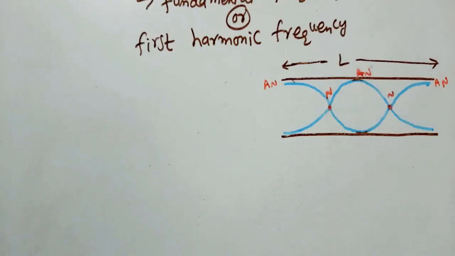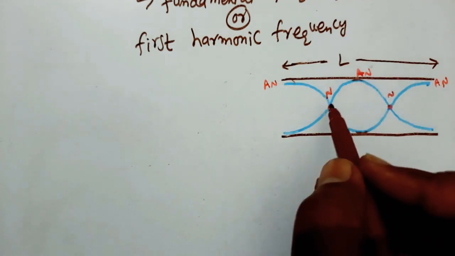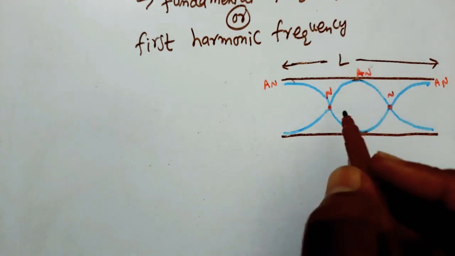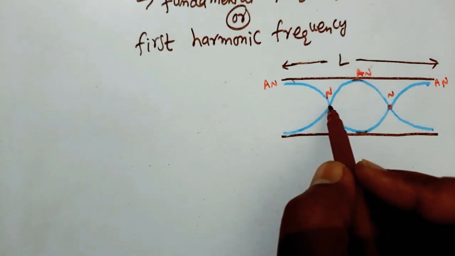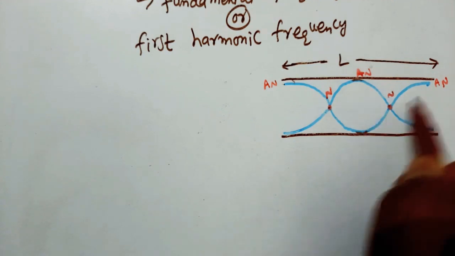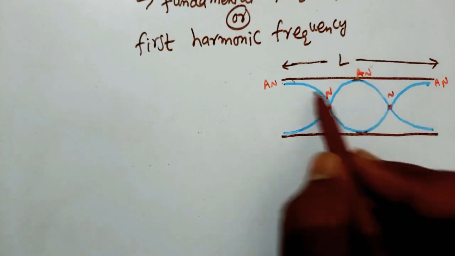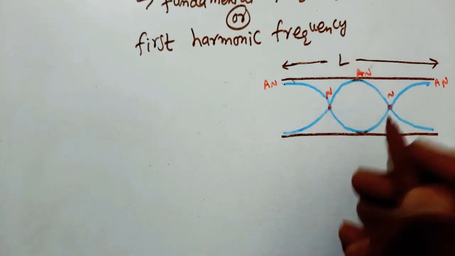In the second mode of vibration, 3 antinodes and 2 nodes are formed. Here the distance between antinode to node is lambda by 4. Here node to antinode is lambda by 4. That is, here to here it is lambda by 2. Here to here it is lambda by 2. So total here to here it is lambda by 2 plus lambda by 2, that is lambda.